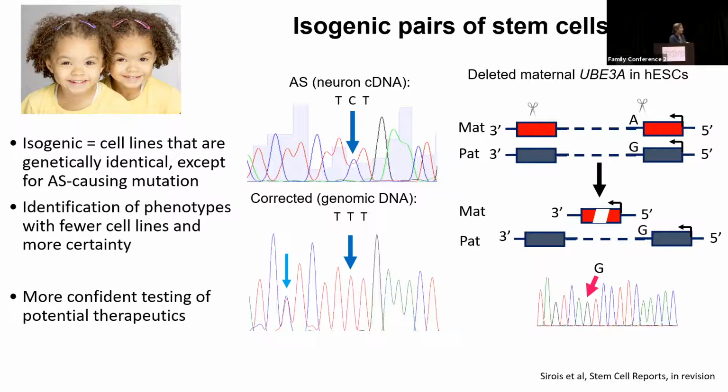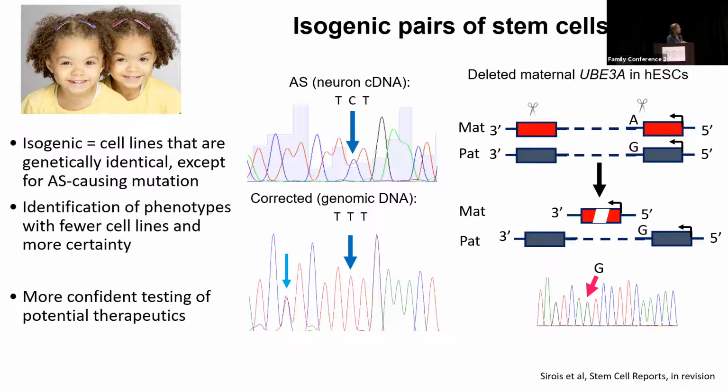So in this middle example, this is a case where we've taken a stem cell from an Angelman syndrome patient that had a single base pair change in UBE3A. It was TCT when it needed to be TTT. We used CRISPR and a repair template to change the TCT to a TTT. And we know it was a change and not a mix up in the lab because we put a little passenger mutation here that helps us track that it was an edited cell line and not an unintentional mistake.